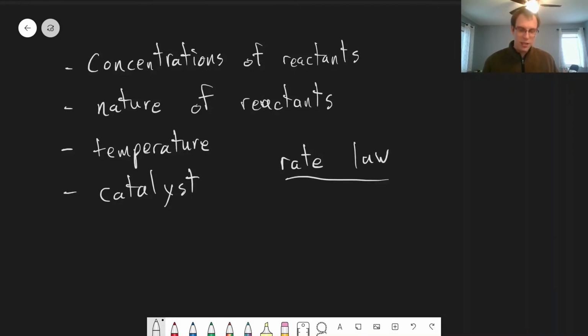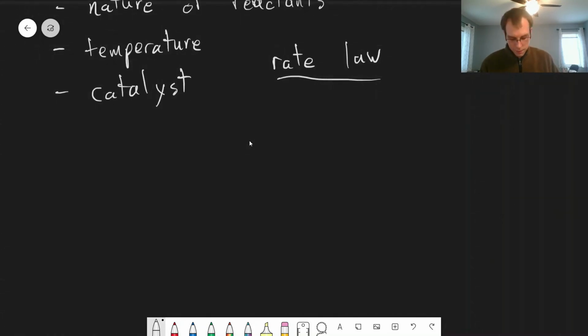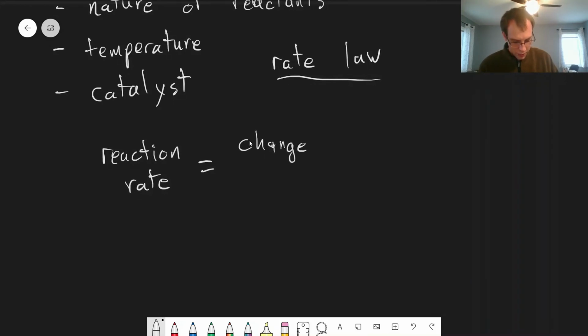So before we can talk about a rate law, though, we need to talk about what a reaction rate is. A reaction rate is the change in the concentration of a reactant or product over a certain amount of time.